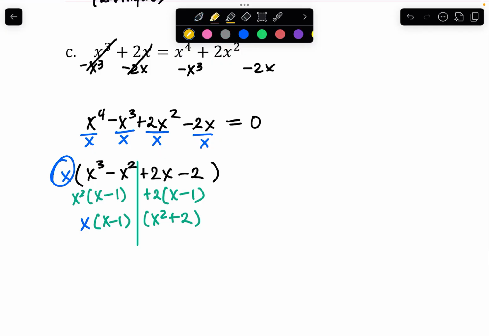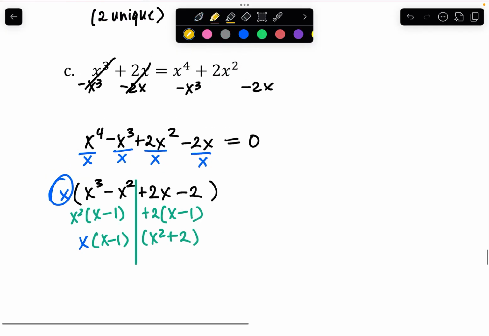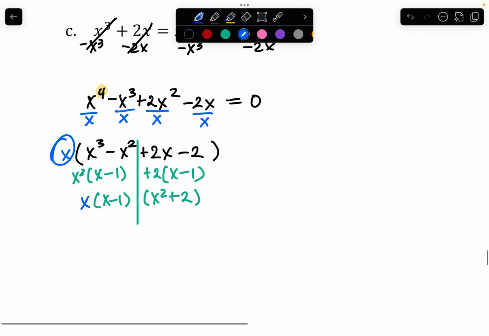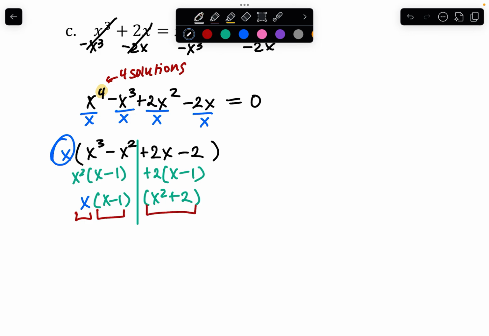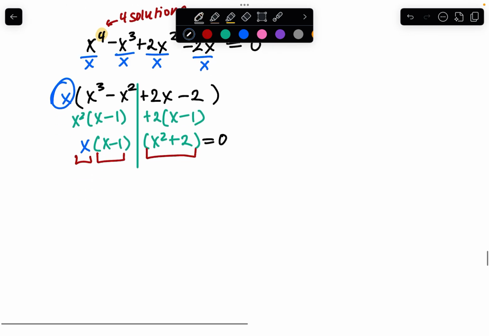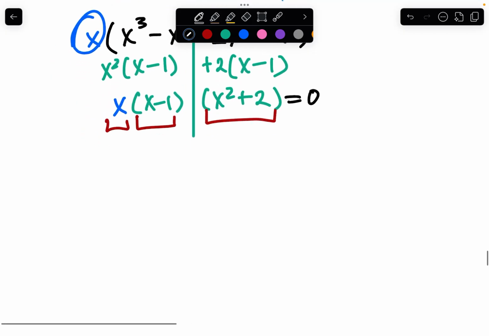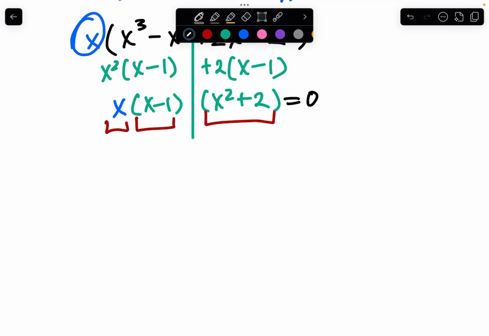And so because we were factoring a degree 4 polynomial, we are looking for 4 solutions. I'm going to get 1 here, and 2 here. This x squared plus 2 is not factorable, and so we'll have to solve that a different way.